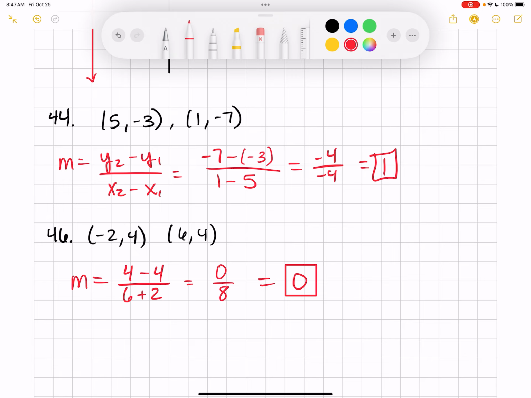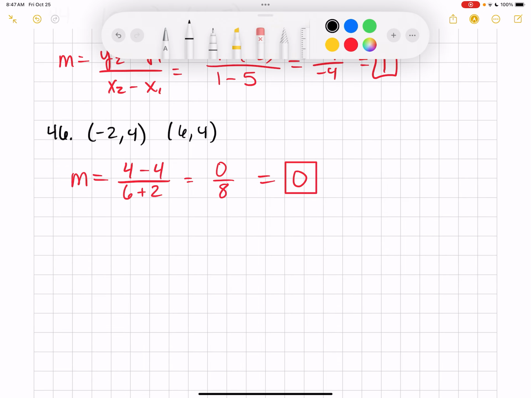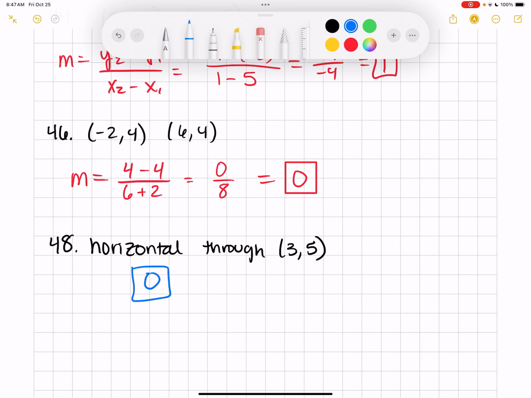Now something a little different that they do in 48 and 50. 48 says it's a horizontal line through 3, 5. So what do we know about the slope of a horizontal line? It's 0. The slope of a horizontal line is 0, so you don't have to do anything other than just write that it is 0.